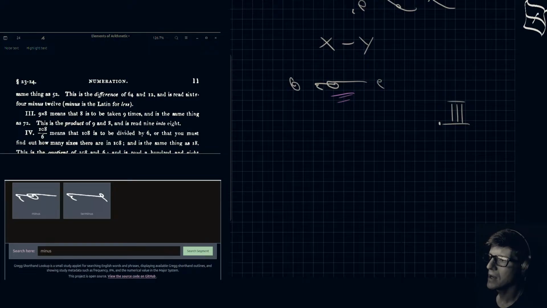When a number is taken a certain number of iterations, I think I'm going to do quantity here.